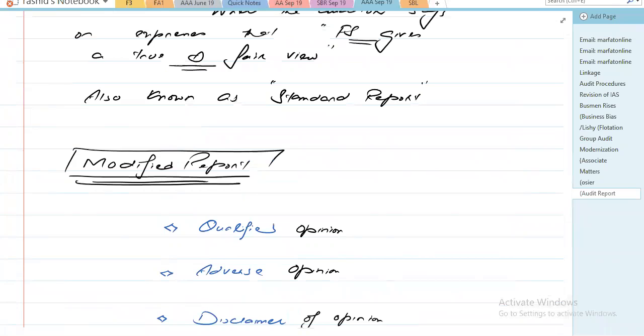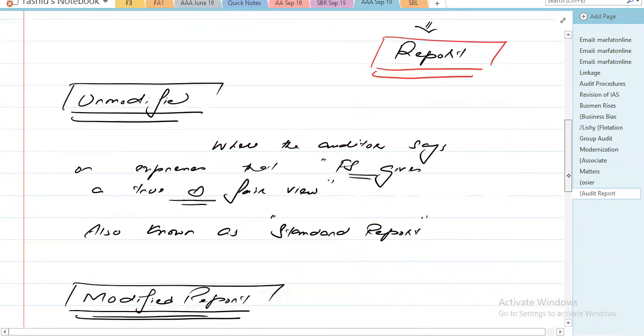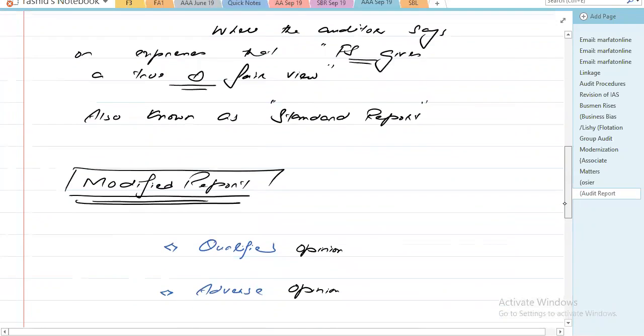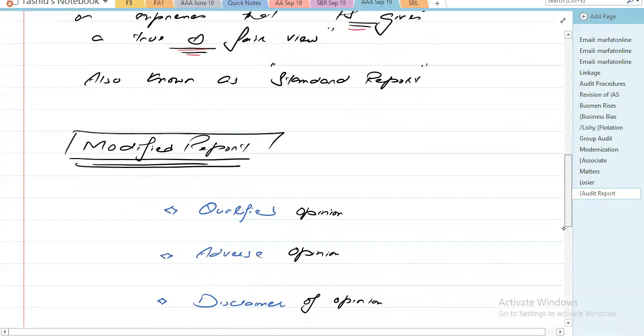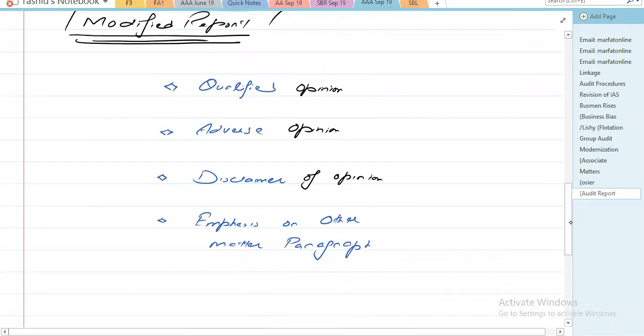So again, I said that the unmodified report is that where the auditor expresses that the financial statement gives a true and fair view. That means this is the unmodified report, and this opinion that the financial statement gives a true and fair view is the unmodified opinion. Now, what is this qualified opinion? Obviously, this is something other than that the financial statement gives a true and fair view.